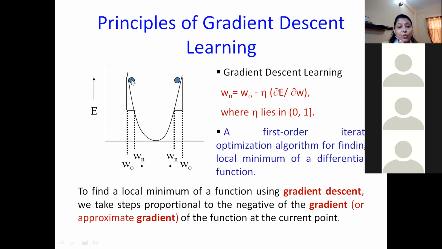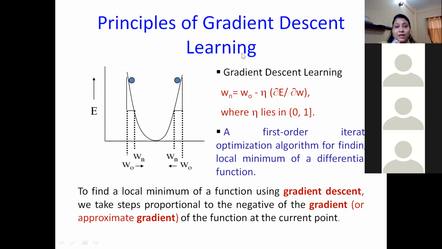If you can roll a ball, and if this is the starting point, then this must be the w0. And if after a certain period of time that ball stays at this particular point, how can you determine the weight of this neuron at this point?